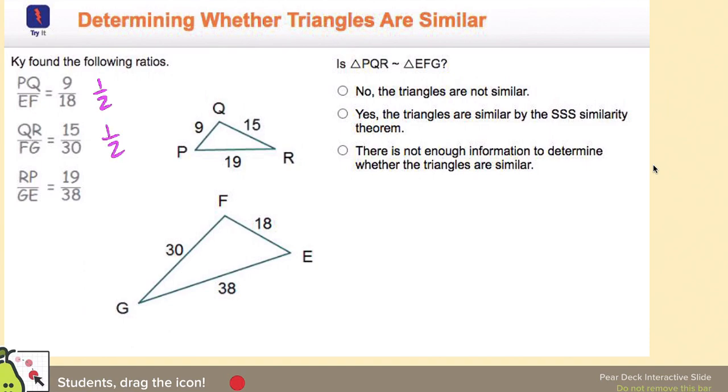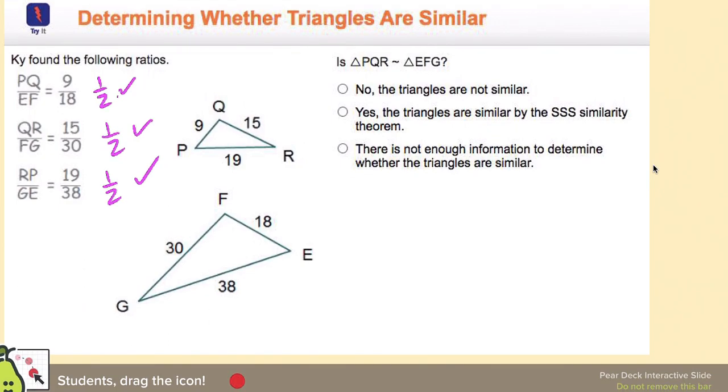And the 19/38. Let's think, what's half of 38? Well, that would be 19. So it would also reduce to 1/2. Since these all reduce to the same amount, they are similar by side similarity. And we would circle that second answer choice.